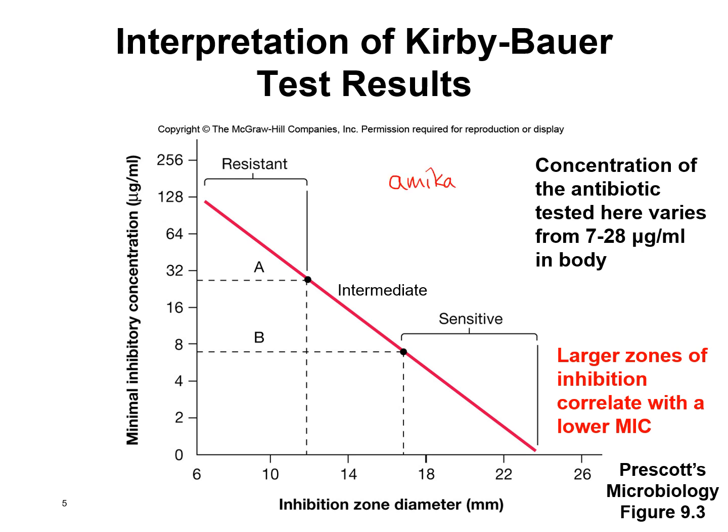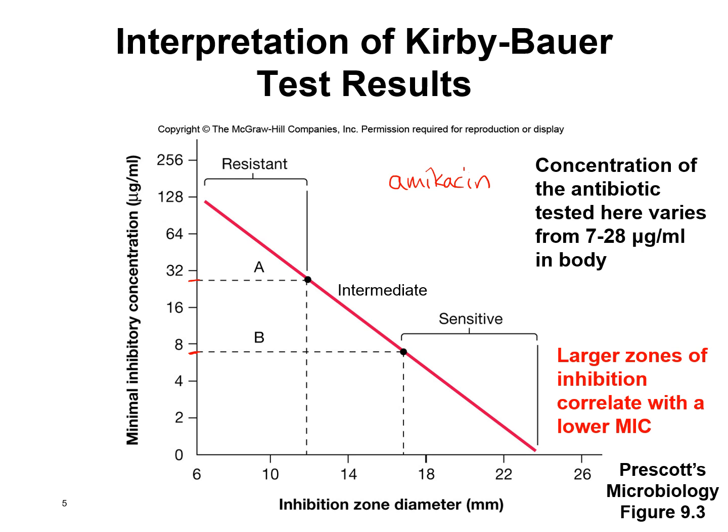And for amikacin, let's say that we know at the doses that we give patients, the level of amikacin will be somewhere between 7 to 28 micrograms per mil in the body.